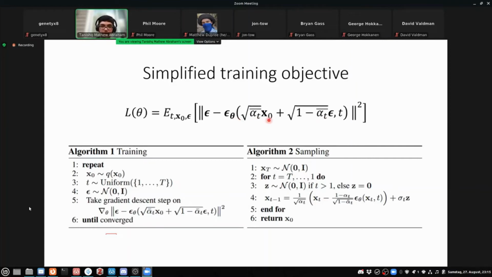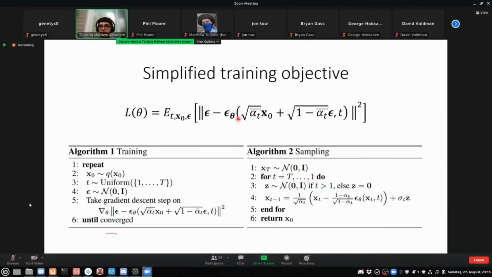We get the xt, and then we pass it to our neural network, which is this epsilon theta. This neural network is supposed to predict the noise in the image.